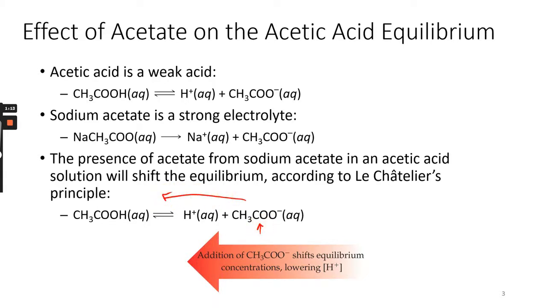When it shifts to the left, it makes more acetic acid, but it reduces the amount of H+, thus lowering the concentration of H+. So that will increase your pH, making it less acidic.